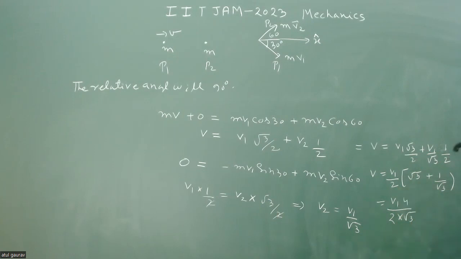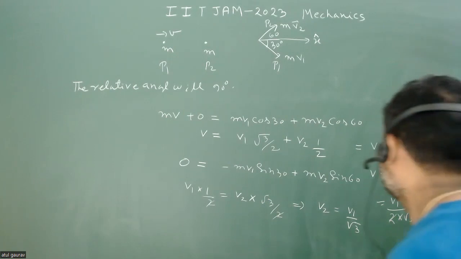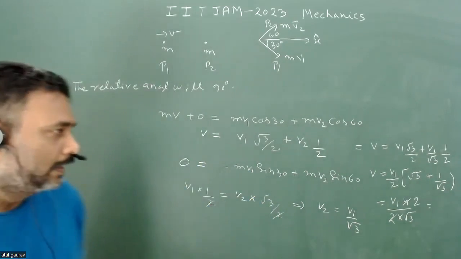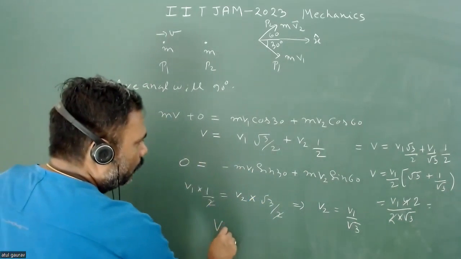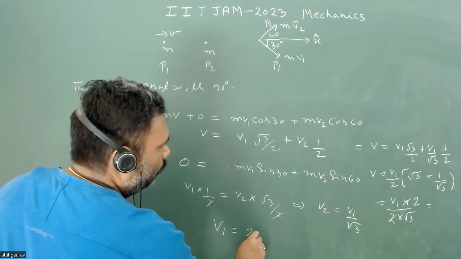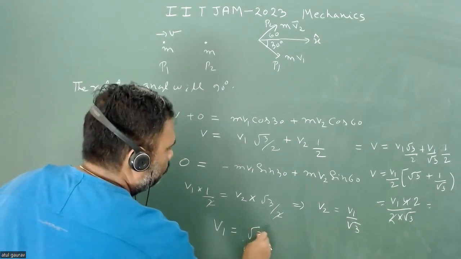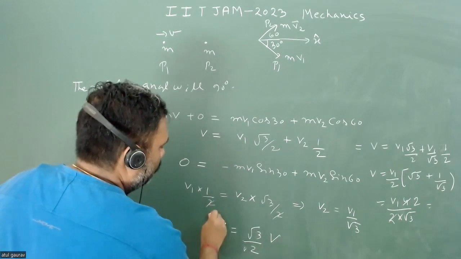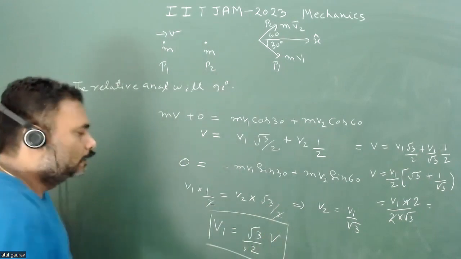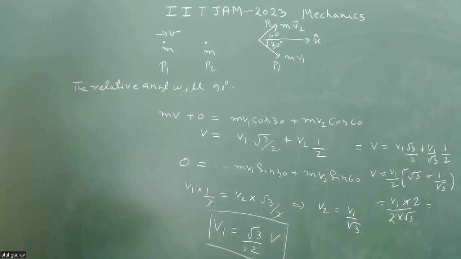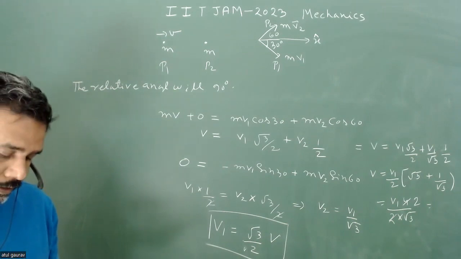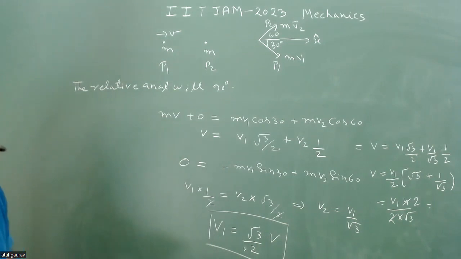You have to do this calculation very slowly. So v1 equals root 3 by 2 into v. This option is again correct. It is given v1 equals root 3 by 2 v, and this option is correct.